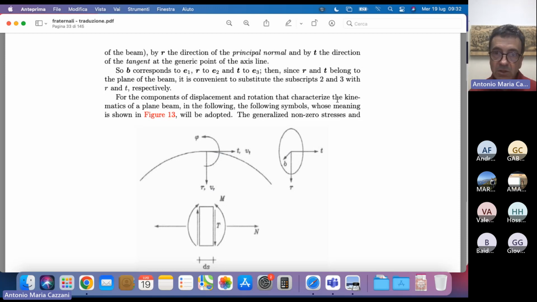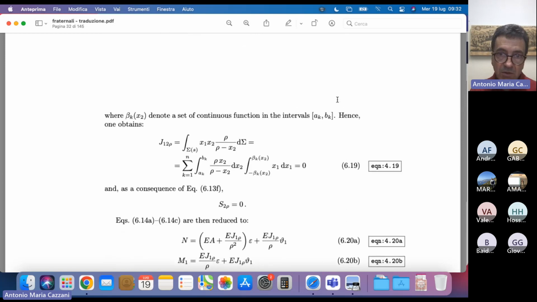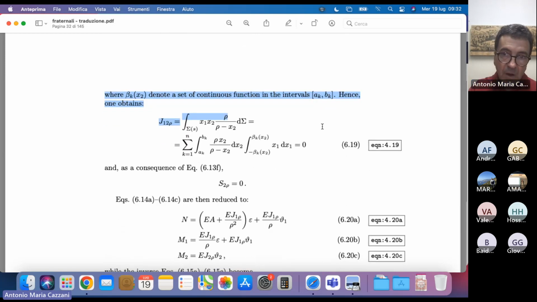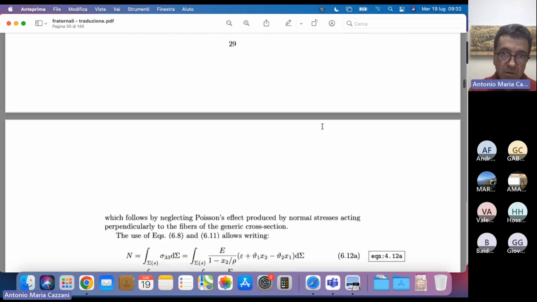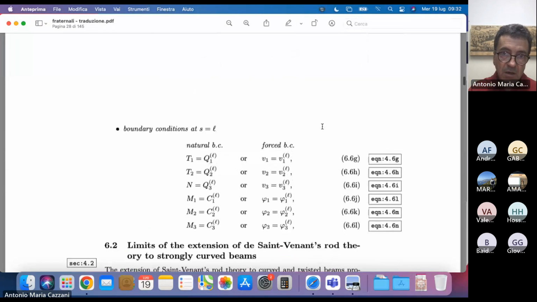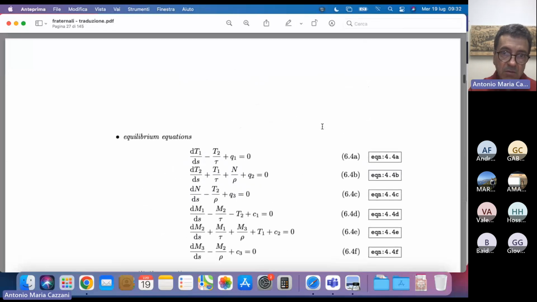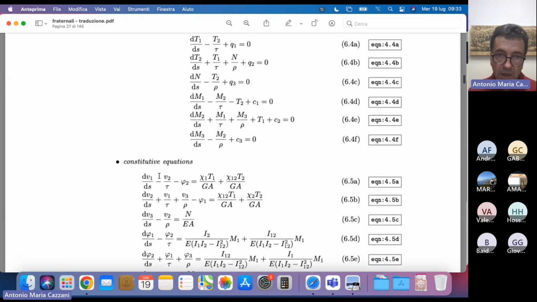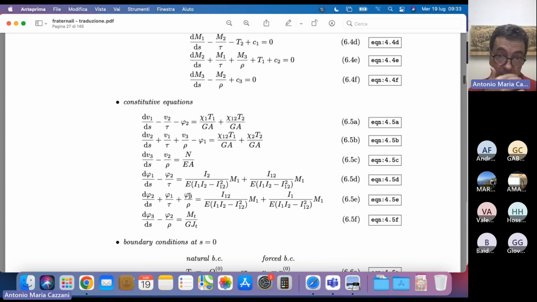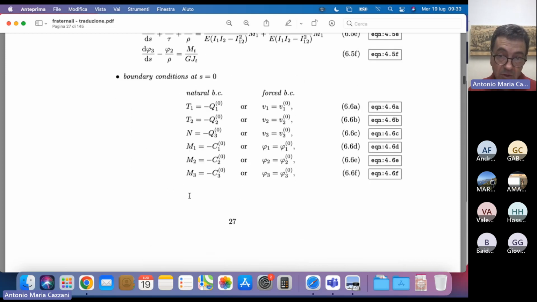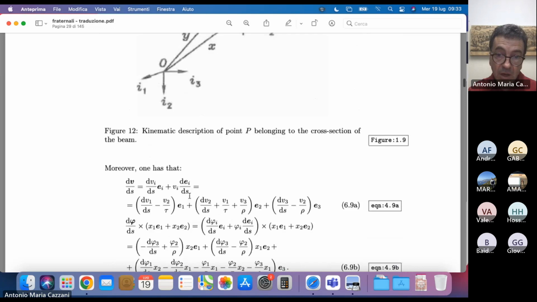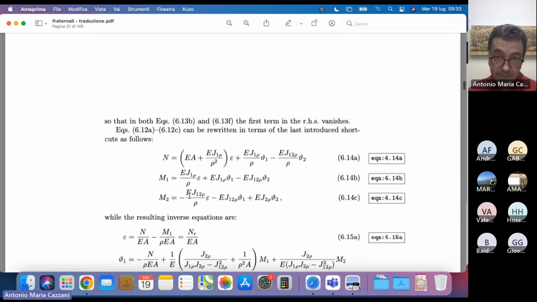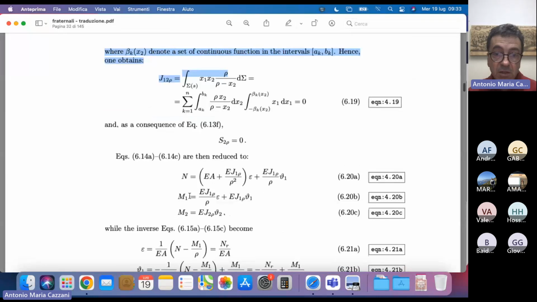If we substitute in these equations we have seen before index 1 with B, index 2 with N, index 3 with T, we get a simpler set of equations which is more familiar to standard notation, let's say.